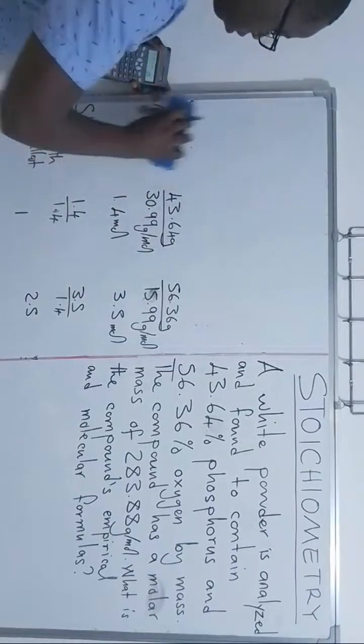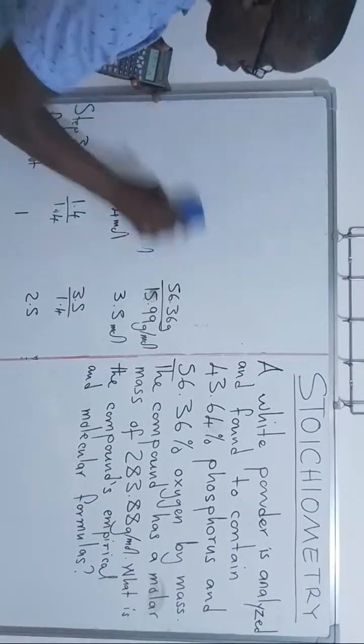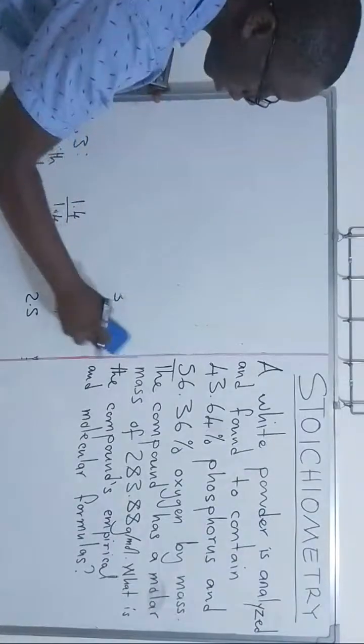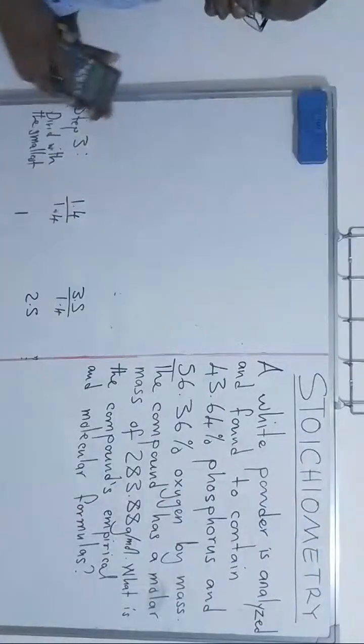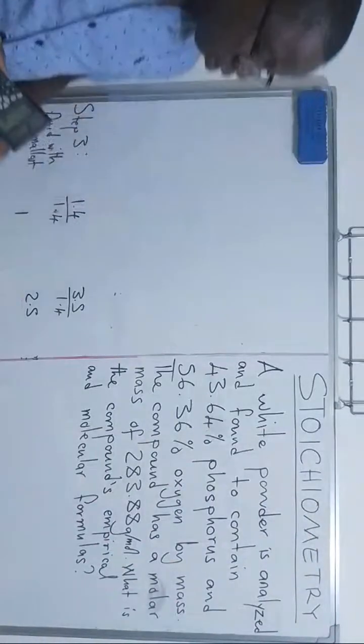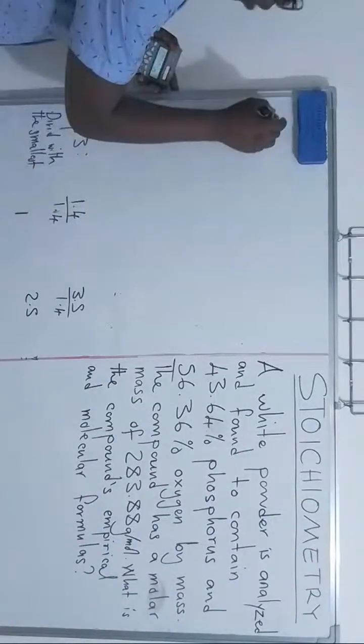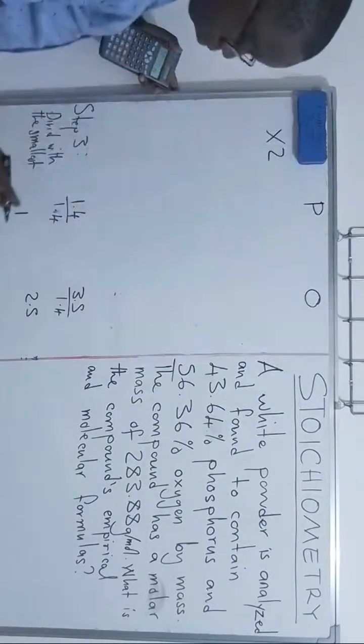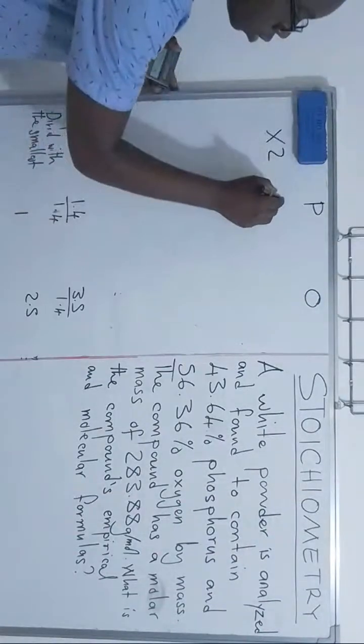So we are now going to find the multiplying factor that can help us to have this 2.5 as a whole number. So the best factor we can multiply with is 2. So for us here and oxygen, if we multiply 1 by 2, we are getting 2.